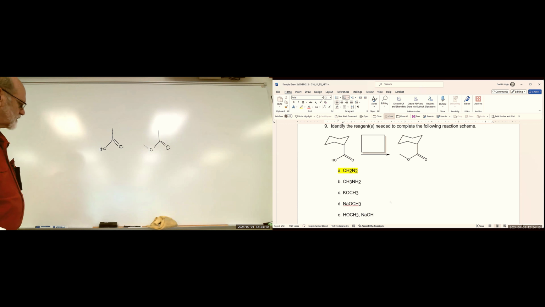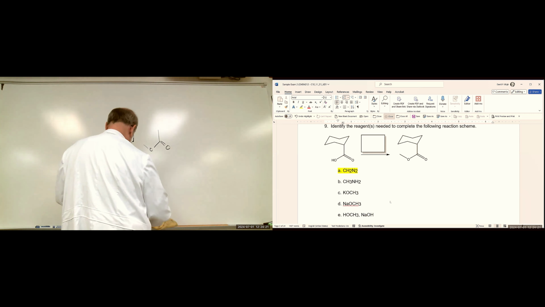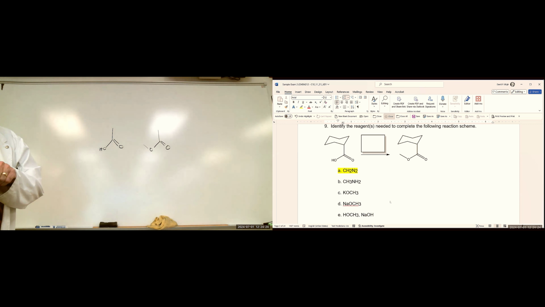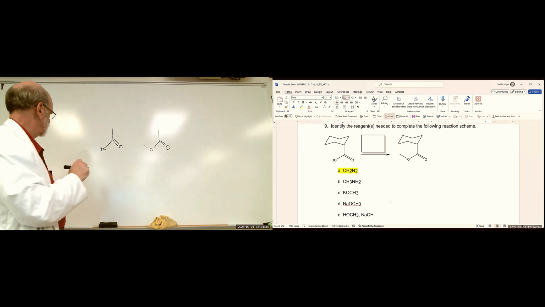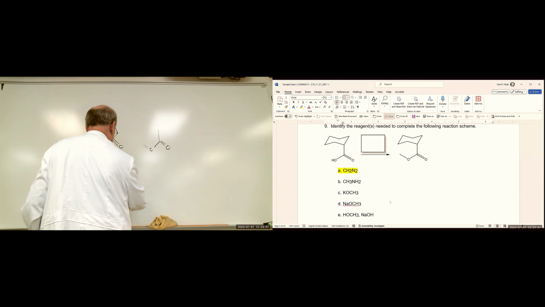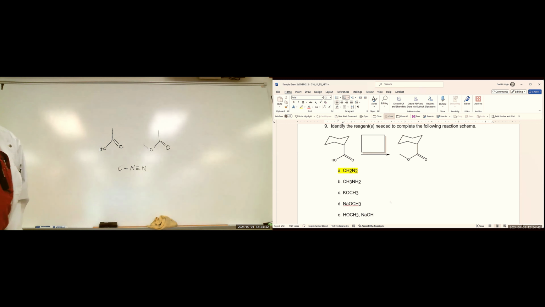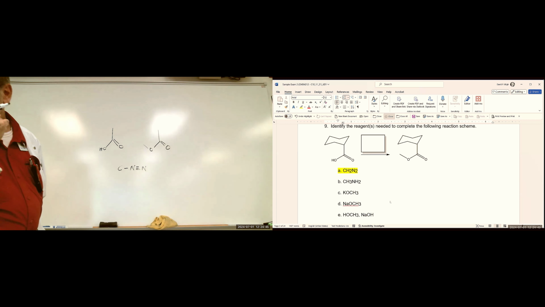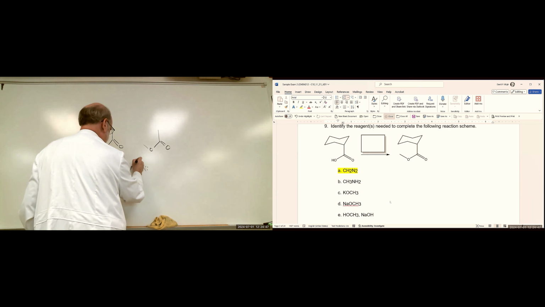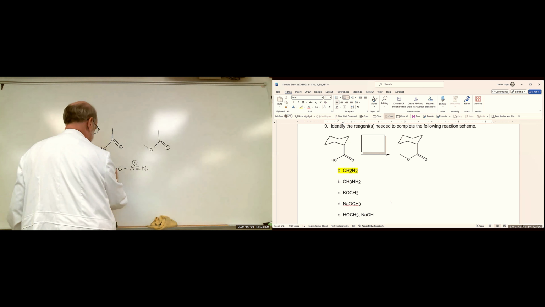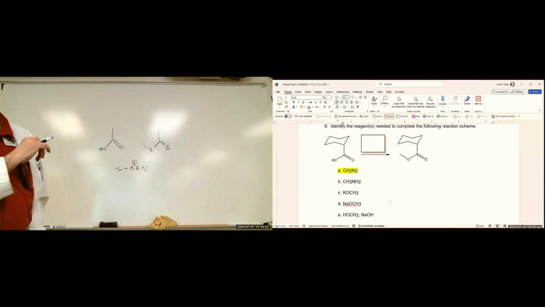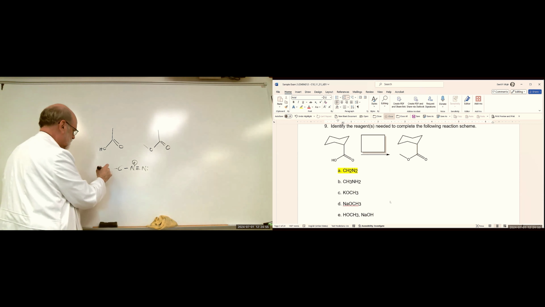Okay. So here's what it's going to do. According to this, the diazomethane has an electron-rich carbon and 2 hydrogens.